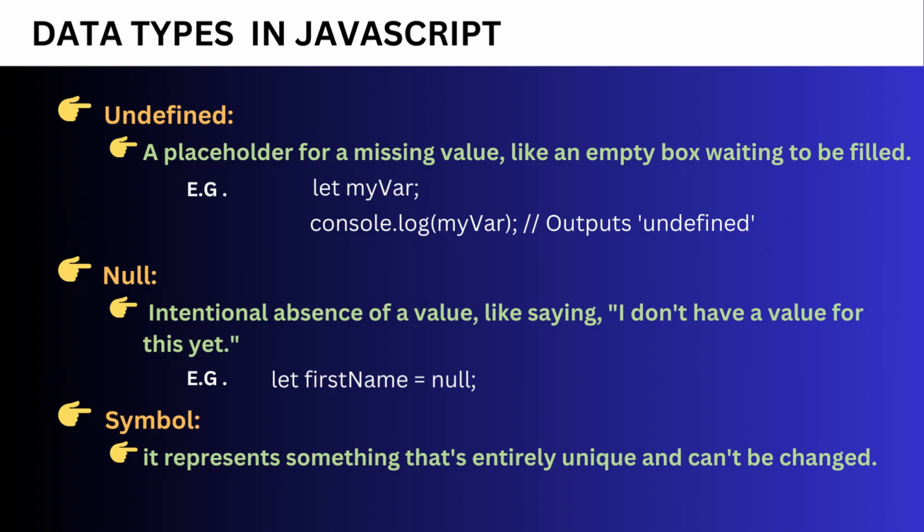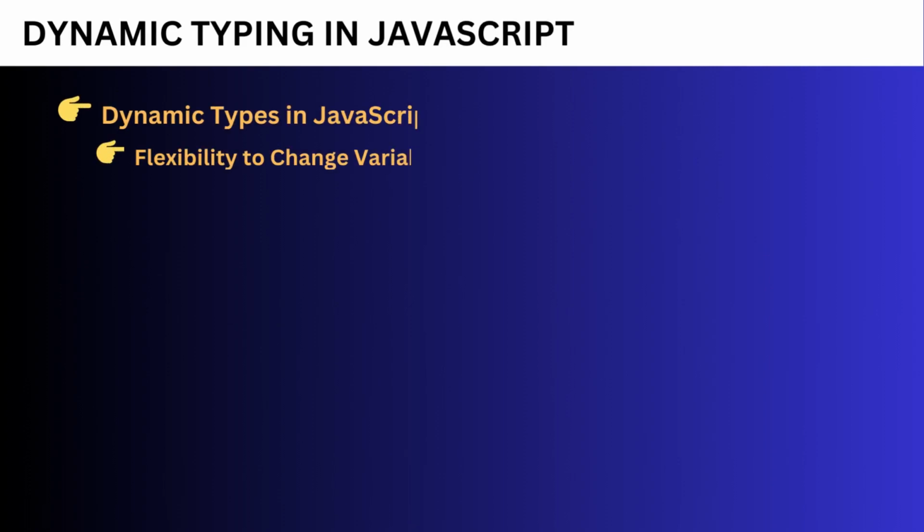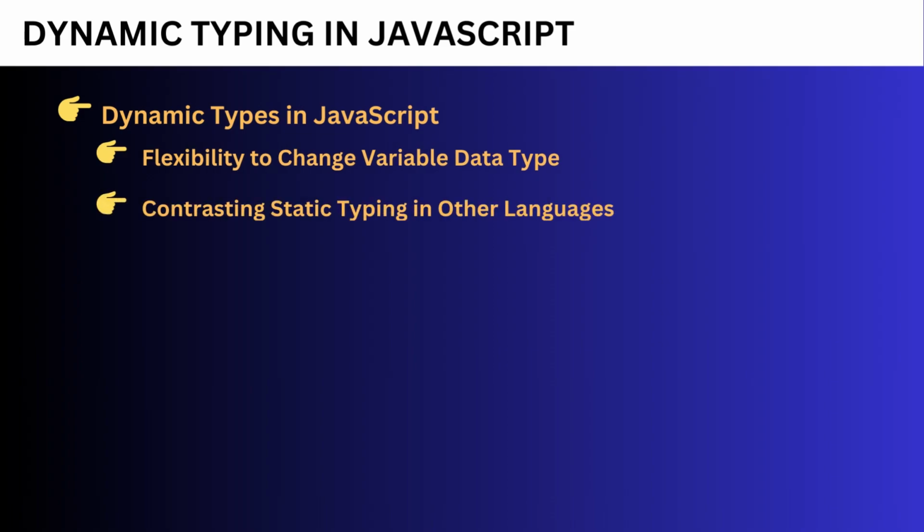But there is another fundamental thing to know about types, which is the fact that JavaScript has a feature called dynamic typing. In JavaScript, the concept of dynamic types refers to the flexibility in changing the data type of a variable during runtime. Unlike some other programming languages with static typing, where variable types are defined and fixed when the variable is declared, JavaScript allows variables to change their data type as the program runs.